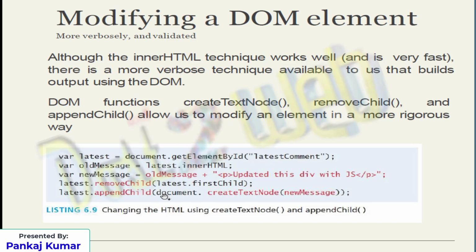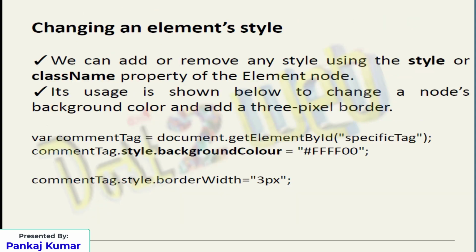Then you have to use removeChild, and what is latest, that is your main variable from your HTML. And what are you going to remove? The first child. We have just seen that we can use firstChild, nextSibling, like that. The same way you have to define. So you should know exactly what the syntax is and what property you have to use.